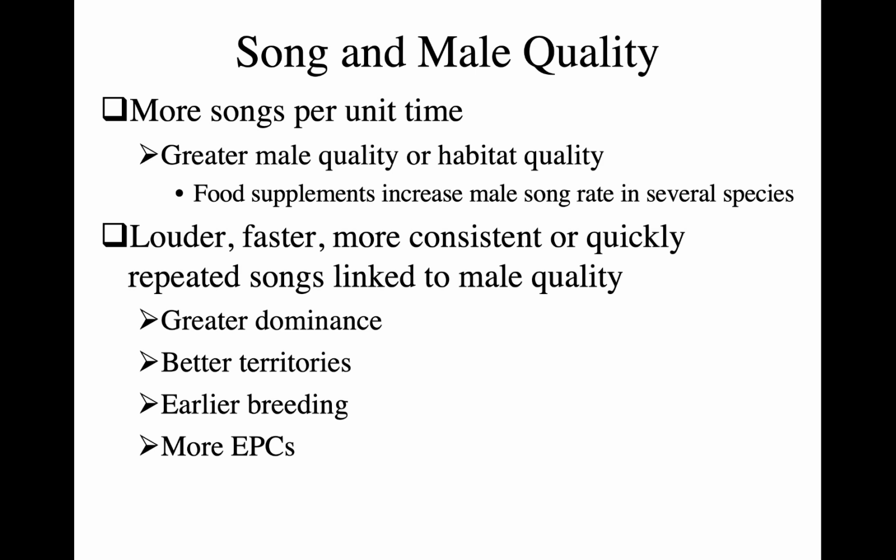And extra-pair copulation means you're mating with other neighboring, if you're a male, neighboring females, and fathering some of the young in those nests as well. And sure enough, individuals with higher quality songs tend to be the individuals most successful in supplementing their fitness through the route of extra-pair copulation.